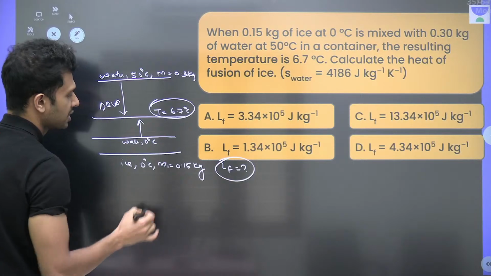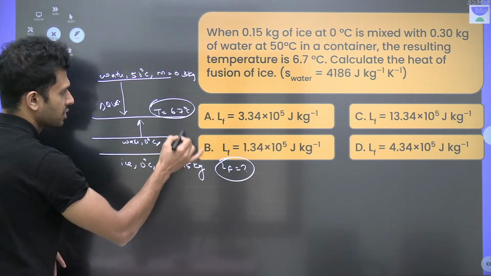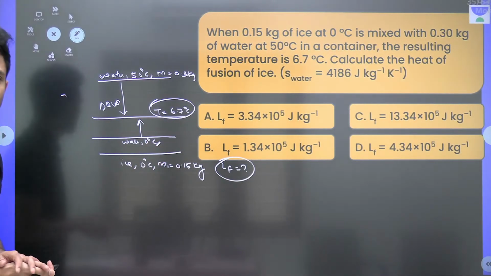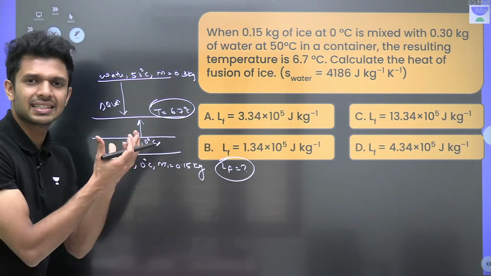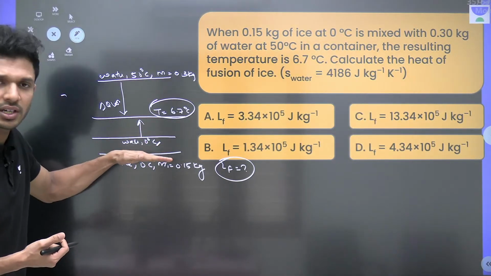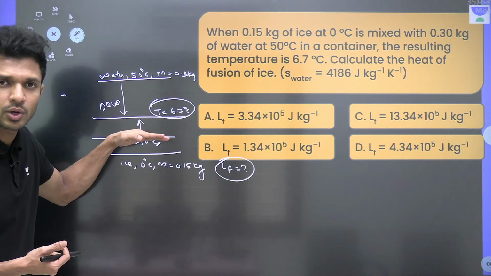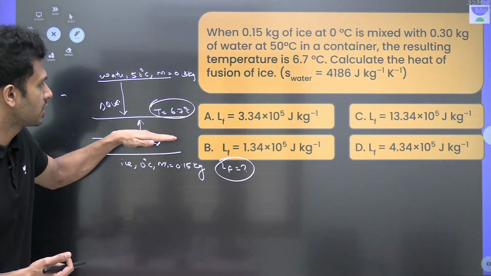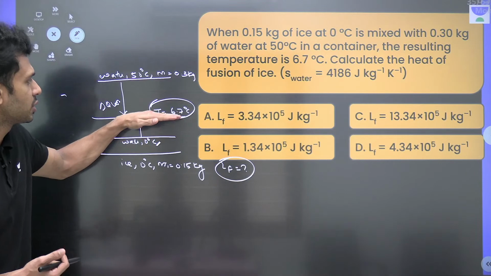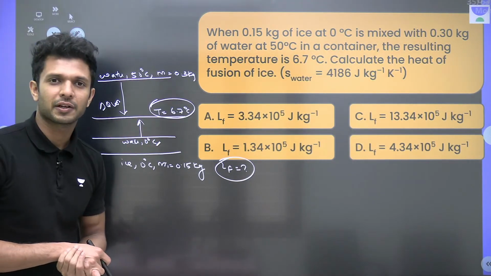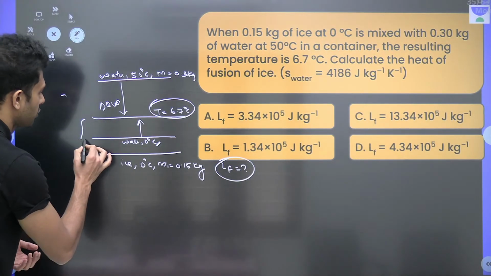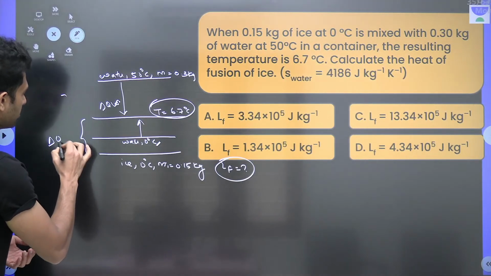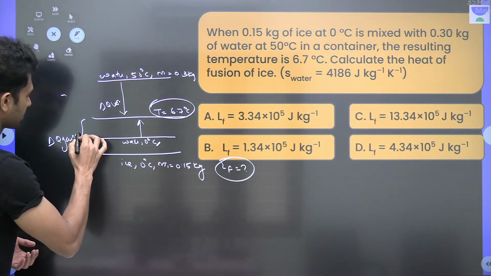Then there will be an increase of temperature of water from 0 degrees Celsius to 6.7. So for this total process, some amount of heat energy is being gained.